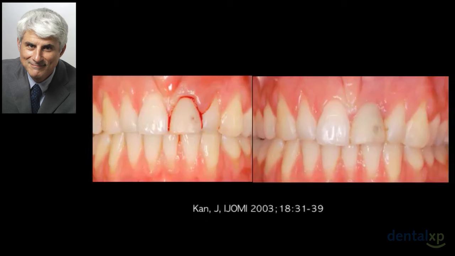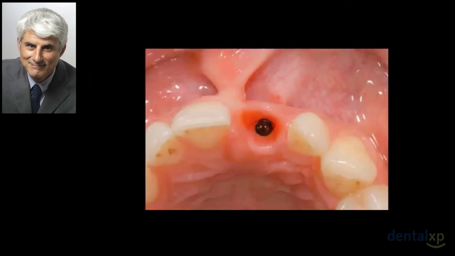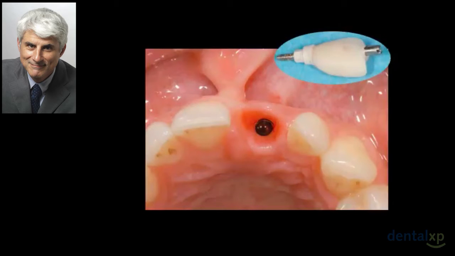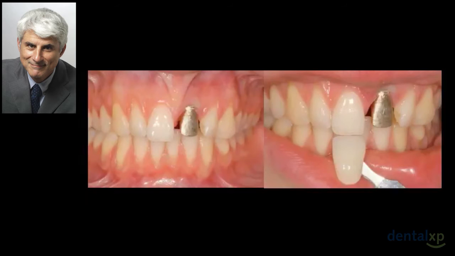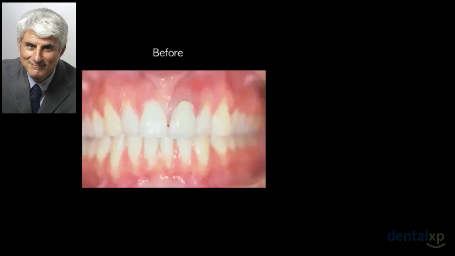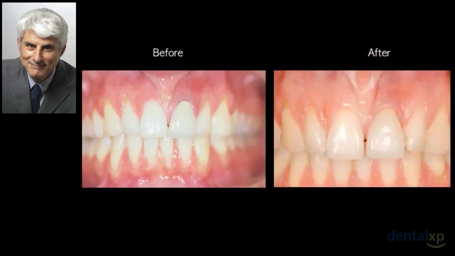So at this point, we decided to go further, to take the impressions, and to remove the temporary, take impression, making the framework check-in, and after the framework check-in, we were able to finish the case in a really easy and straightforward way because we had all the ingredients for the success.